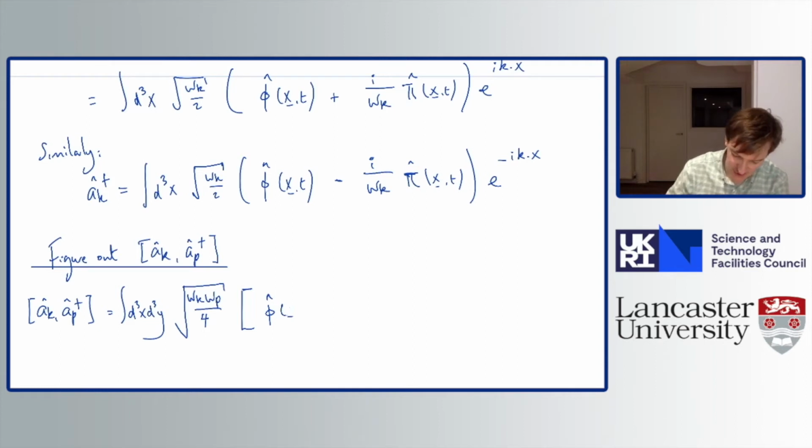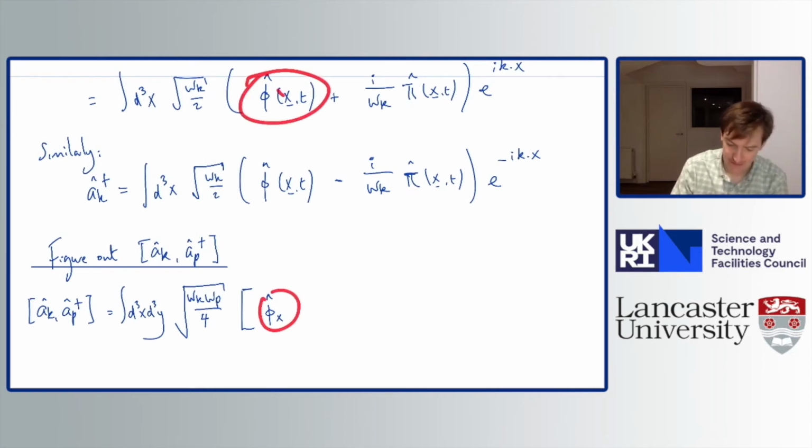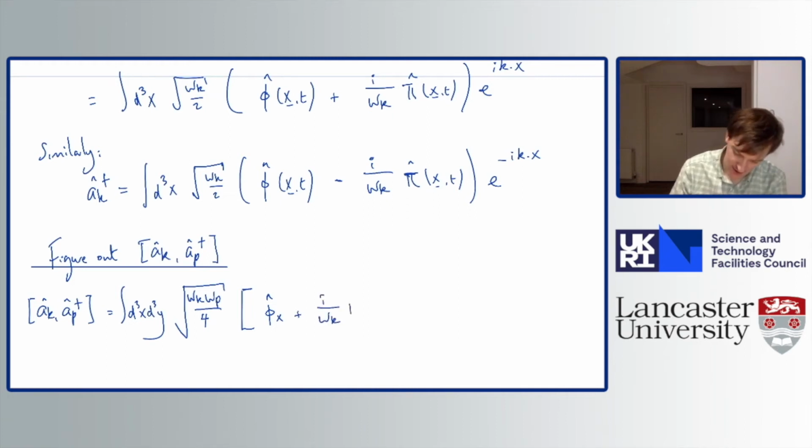Let's use the notation I used earlier to simplify my life a little bit. Let's write phi(x), which is shorthand for this term, plus i over omega k pi(x). Pi(x) is shorthand for pi(x, t). Then we need to put the expression for a_p dagger into my commutator. So I'm going to have a phi, but now I'm going to use the label y.